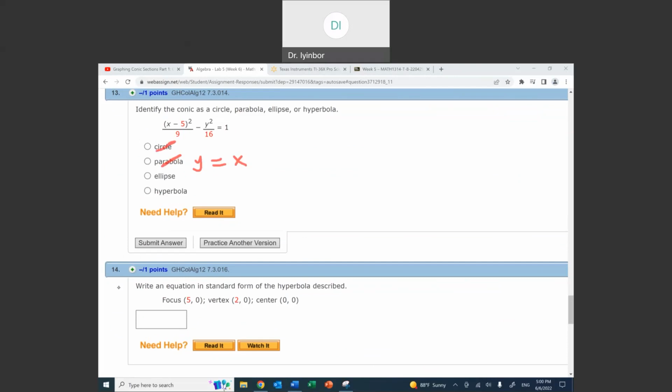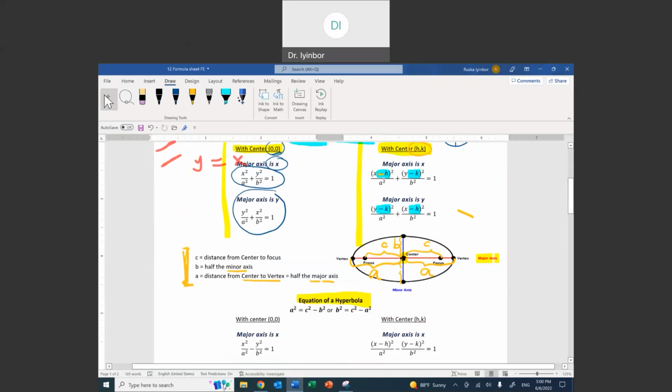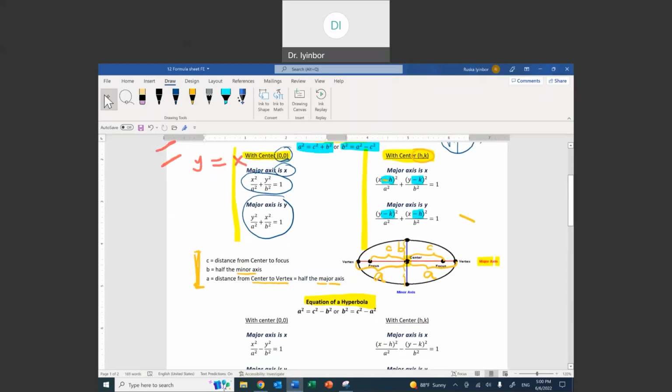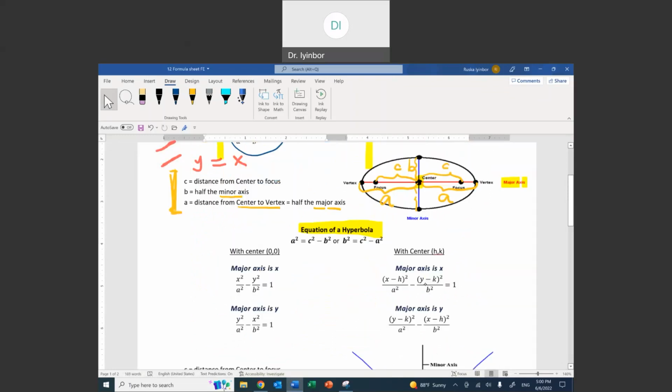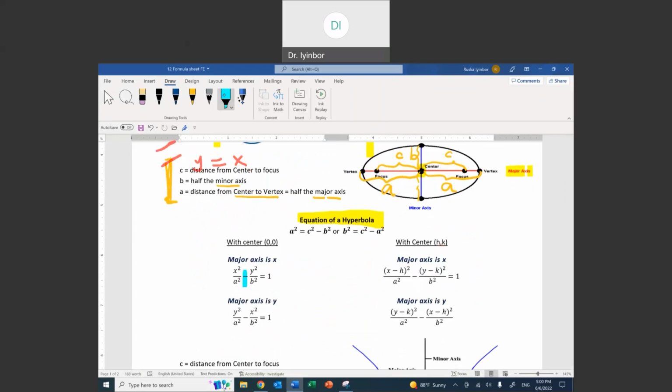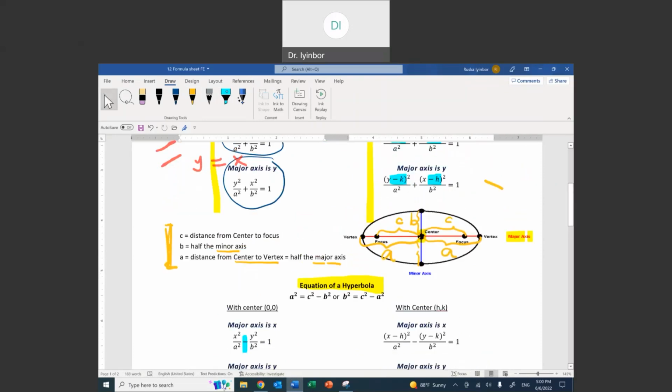Now, if you look closely at the formula sheets, the difference between the equation of an ellipse and the equation of a hyperbola is that the ellipse has fraction plus fraction equals 1, and the hyperbola is fraction minus fraction equals 1. So the only difference is whether this is positive or negative. The hyperbola has minus, the ellipse has plus. That's the only difference between those two equations.